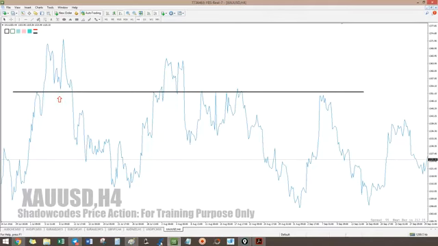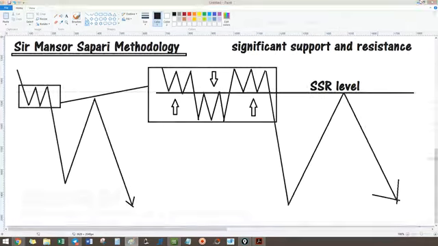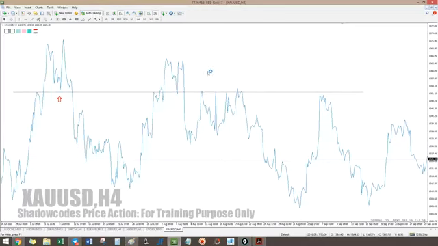Over here, you find something like this. You find some price pushing up like this, then pushing down like this, and then find if we can get a trade that touches this level. So we also have a trade there.